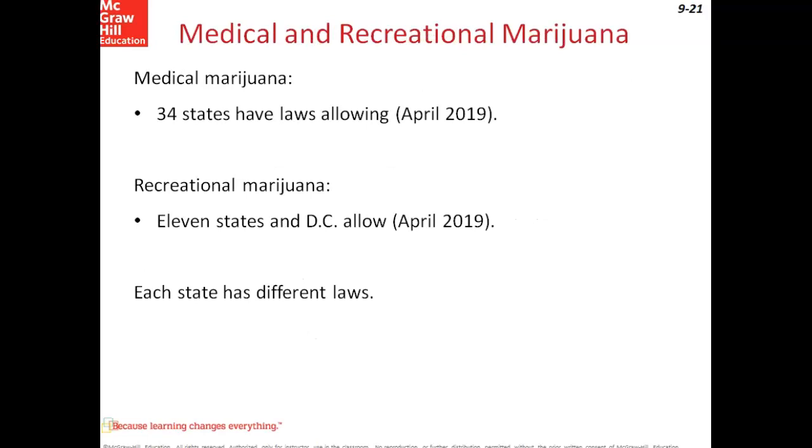Medical and recreational marijuana. As of April 2019, 34 states have laws allowing medical marijuana, and 11 states and the District of Columbia have laws allowing recreational marijuana. Marijuana is a Schedule I controlled substance.